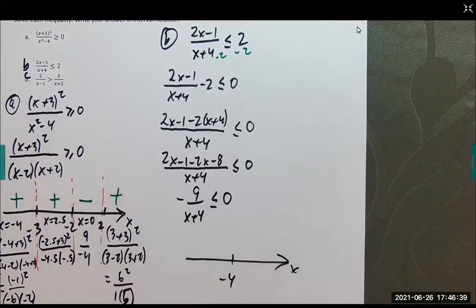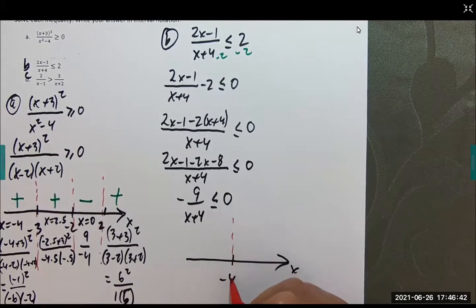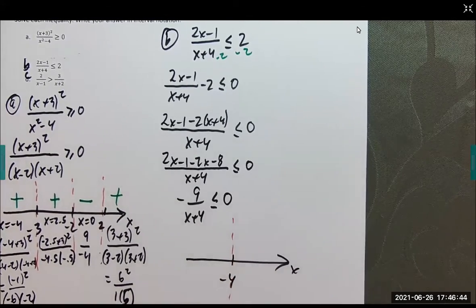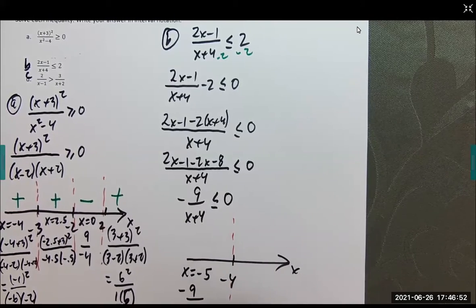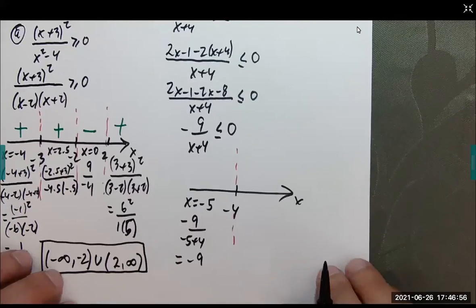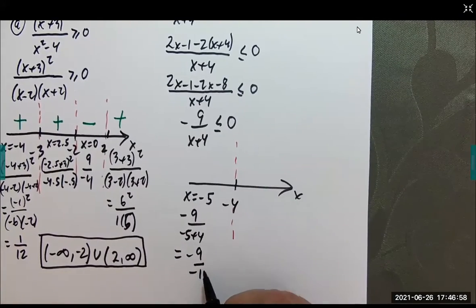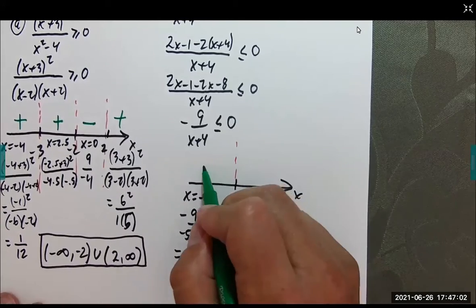We only have 2 regions to test. So let's pick x equals negative 5. So this is negative 9 over negative 5 plus 4, which is negative 9 over negative 1, which is 9. Everything here is positive.